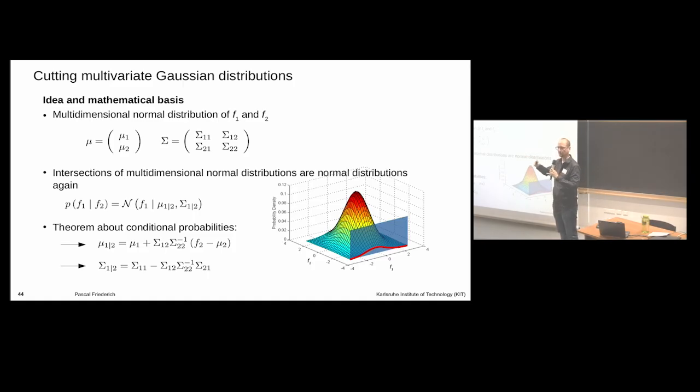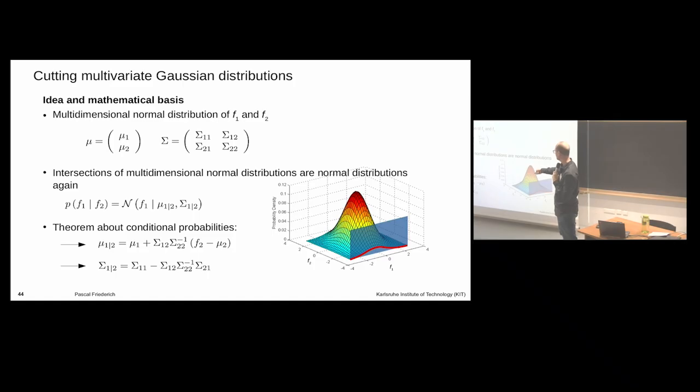So if I know all these parameters of the joint probability distribution, so I know the means and the sigmas, then I can easily calculate what that red line here is. So what is the probability distribution of that red line? What is its mean? And what is its standard deviation given these values here and the observations that we had?